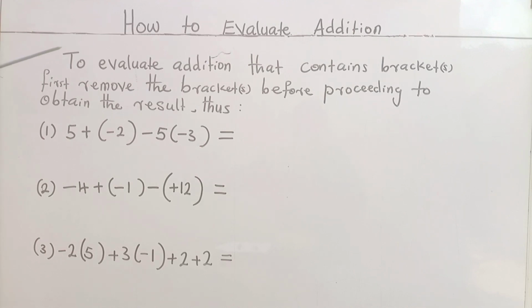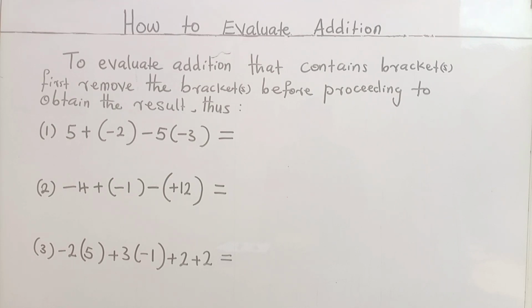This is how to go about it. It says, to evaluate an addition operation that contains brackets, first remove the brackets before proceeding to obtain the result. What it means is that if you see any number operation in addition that contains brackets, the first step you take is to get the brackets off.